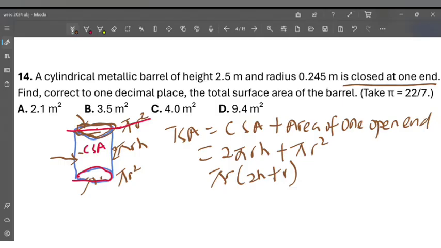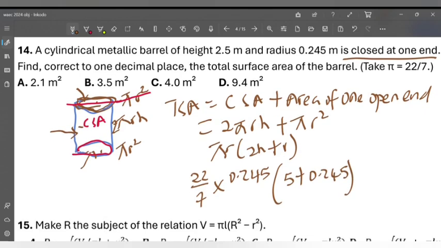So taking pi as 22 over 7, I'm going to have 22 over 7 times, what's my radius from the question? 0.245 into 2 times the height. The height is 2.5, so 2 times that height is 5, plus the radius, 0.245. So we are making progress.